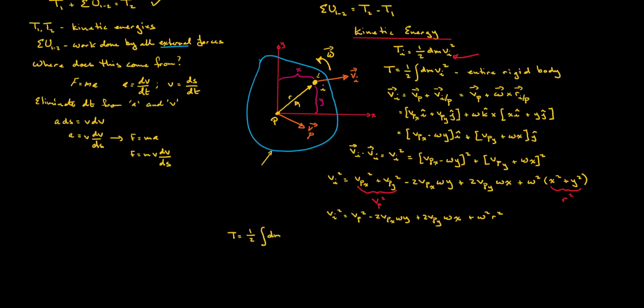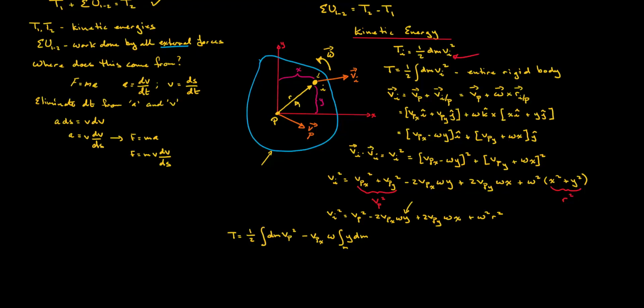So let's look at each component. We will have Vp squared over here. And then the next term will be minus Vpx omega multiplied by the integral over the mass of y dm.